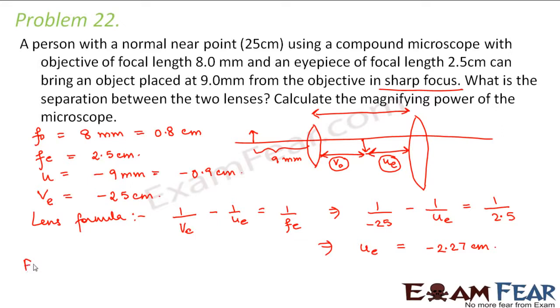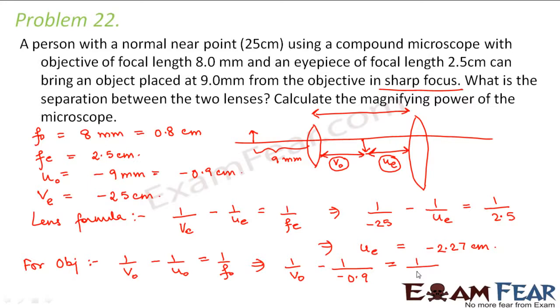Now let us apply the same formula for the objective. So this is 1 by VO minus 1 by UO is equal to 1 by FO. Or we can write 1 by VO minus 1 by UO. UO is nothing but this U. So this is minus 0.9 is equal to 1 by 0.8. So from this we get VO is equal to 7.2 centimeters.